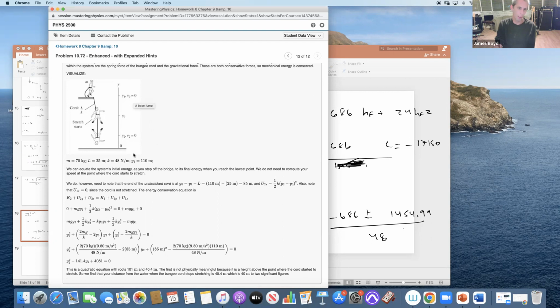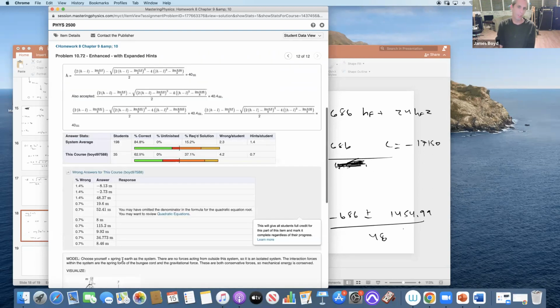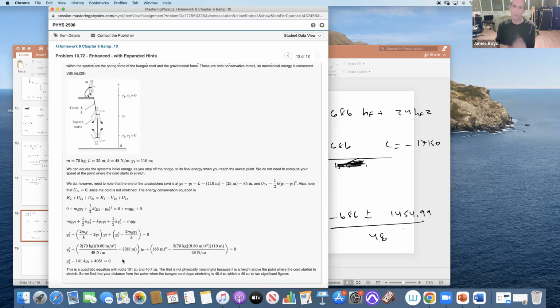So mg Y1, well, Y1 is 110, and mg Y2, which we don't know, and 1/2 k (Y2 minus Y0) squared is another way to do it. And then doing that, they're saying that you get this quadratic, and out of that quadratic, you should get 40. So follow their lead. I'm probably just doing something stupid with my math.